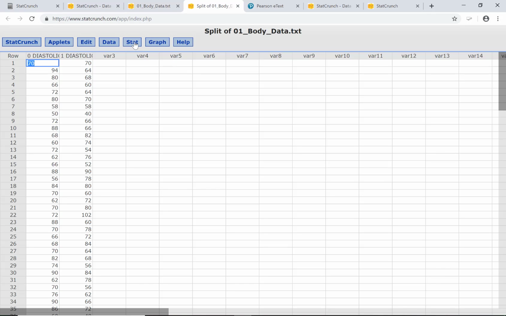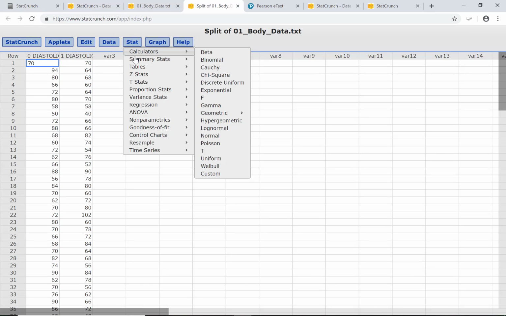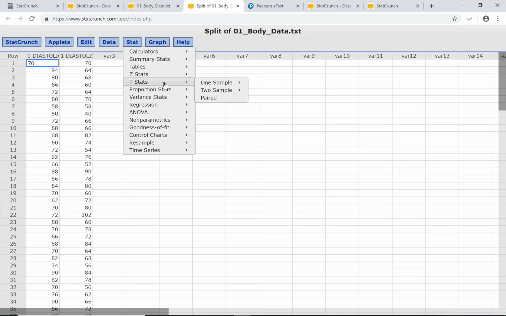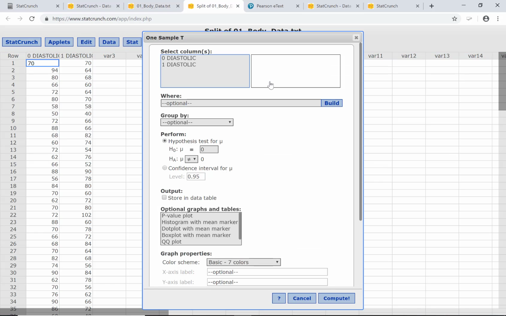Now I'm going to do stat, T-stats, 1 sample with data. We want to do the 0 diastolic, that's for women. We want to say that our mu is equal to 90, that our alternative hypothesis is mu is less than 90.